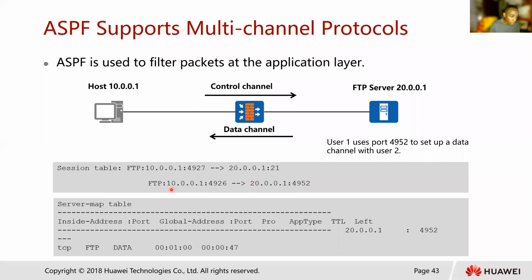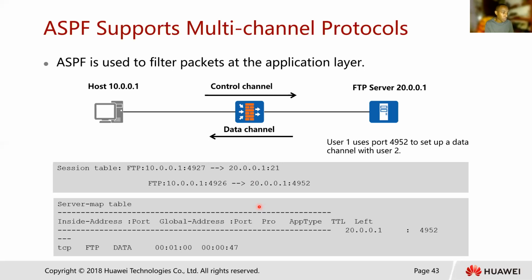Again, the client, 10.0.0.1, will also set up another port, multi-channel 4926, and it will now open another one, port 4952, another data channel with the user, right?